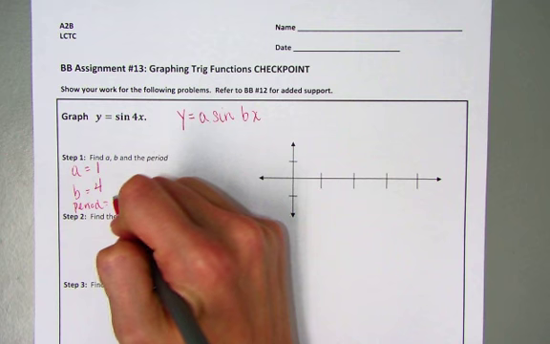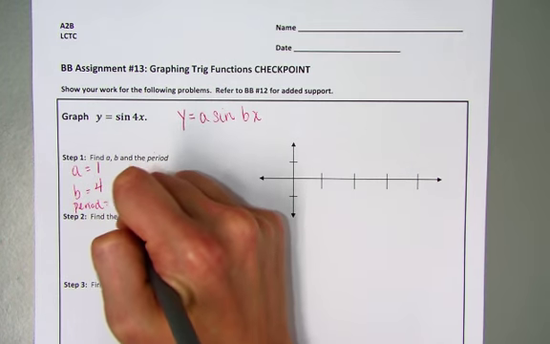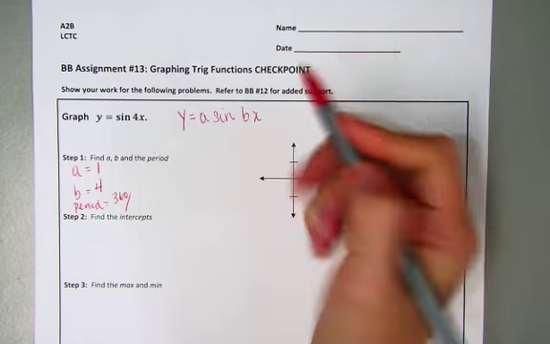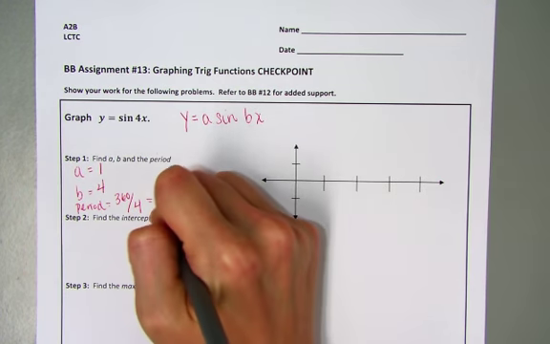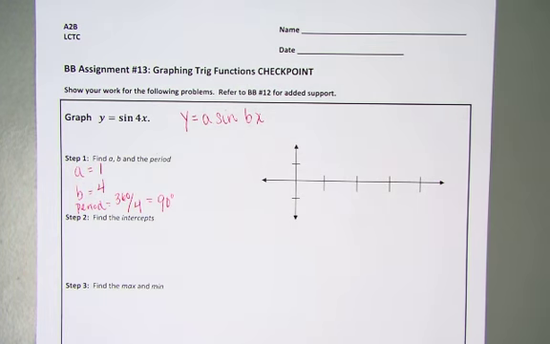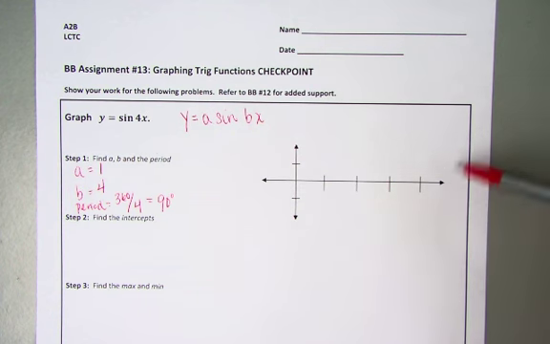And the period is always found by taking one full circle, which is 360 degrees, and dividing it by our b value, which in this case is 4. So if I take 360 and divide it by 4, I get a period of 90 degrees. Remember, 90 degrees is the maximum in one full period, right? One full period maxes out at 90 degrees.